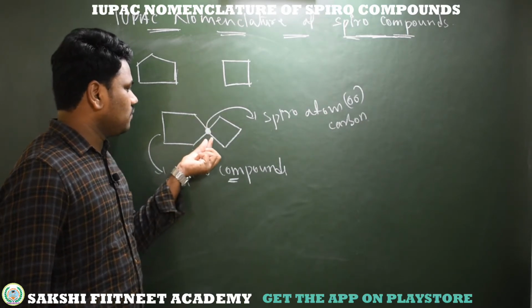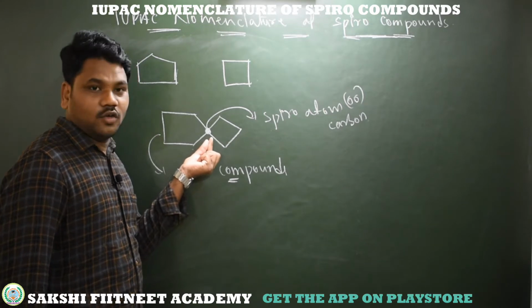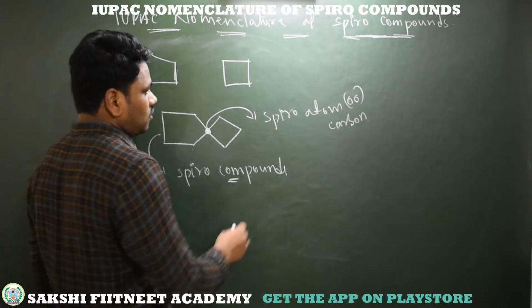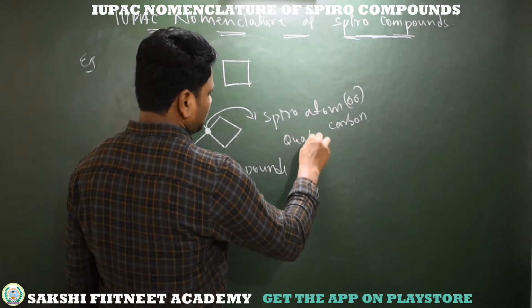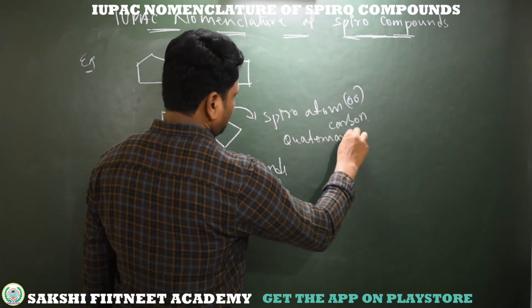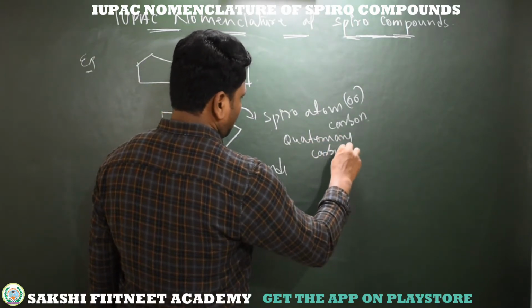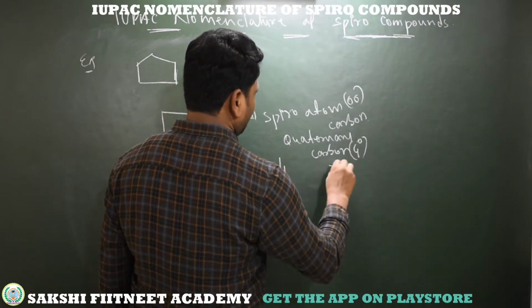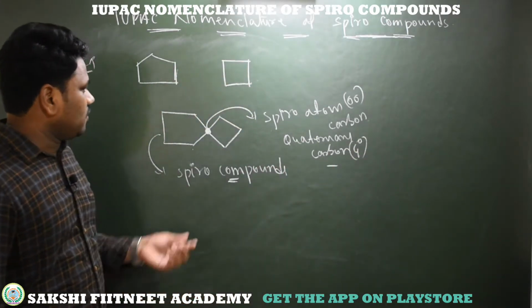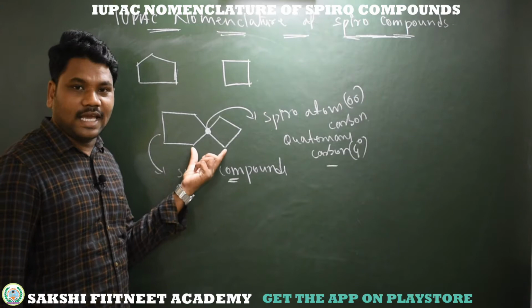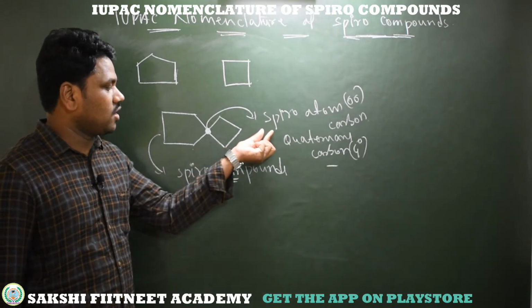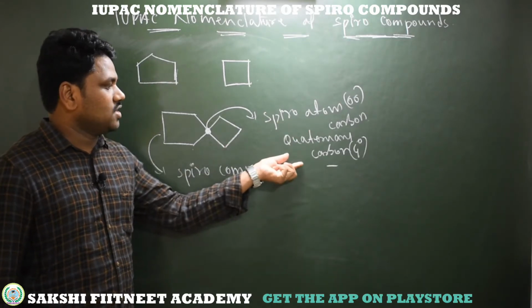So the carbon which is bonded to 4 carbon groups is called a quaternary carbon. We can represent it with a 4 degree. So the common carbon which is joining both the cyclic rings is called the spiro atom or spiro carbon, which is a quaternary carbon.